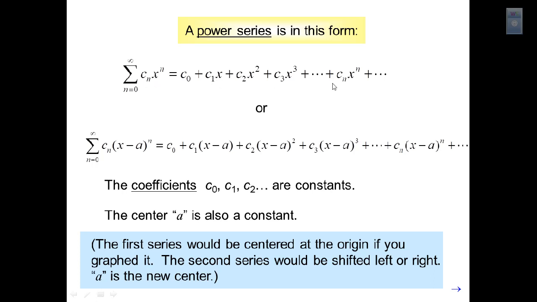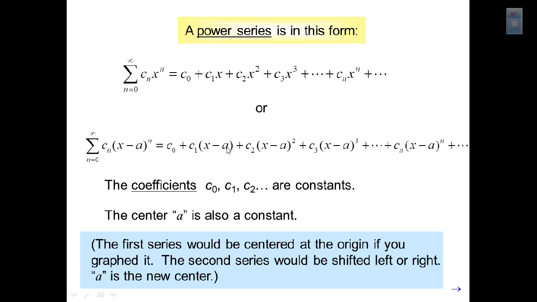Now, as I said, this first series is going to be centered at the origin if you graphed it, and this second series is going to be shifted left or right with a being the new center. And notice that with the minus here, you're going to shift exactly the same way we do with trig functions and your square roots and all that stuff with the inside.